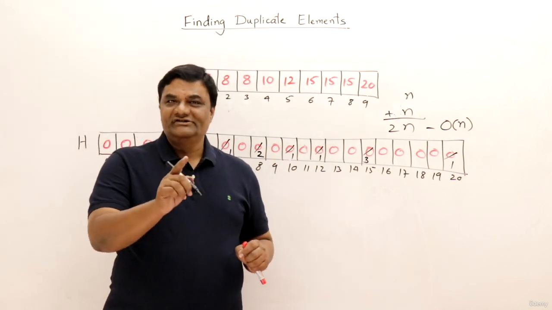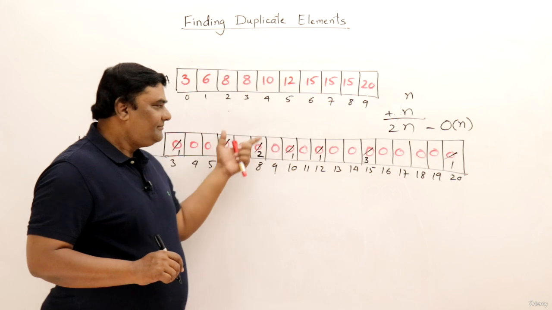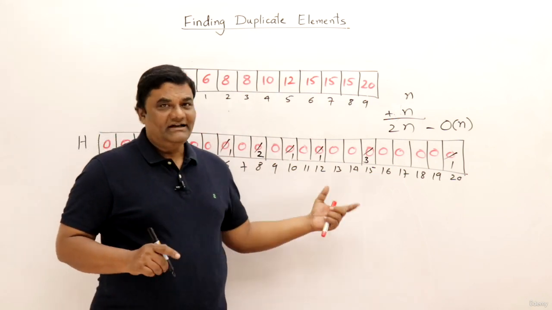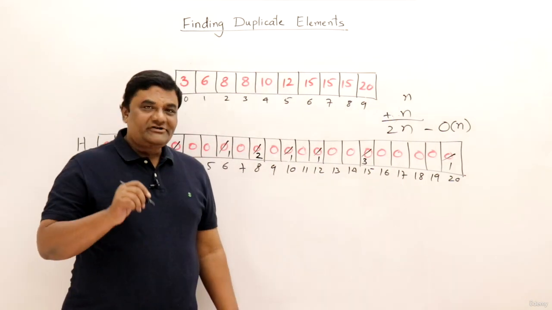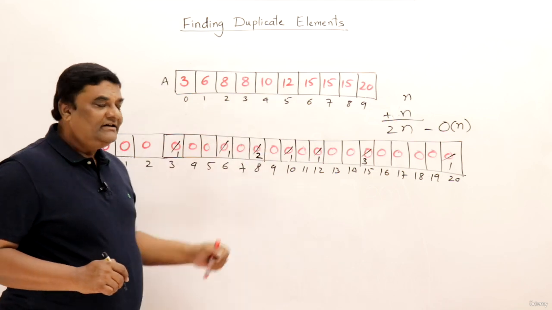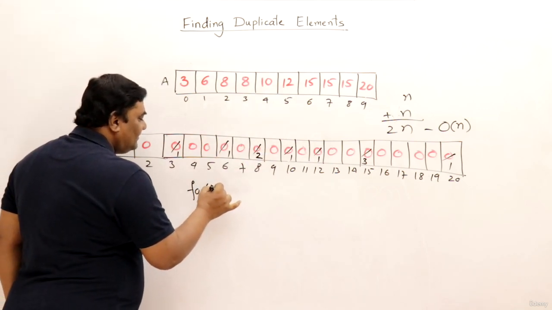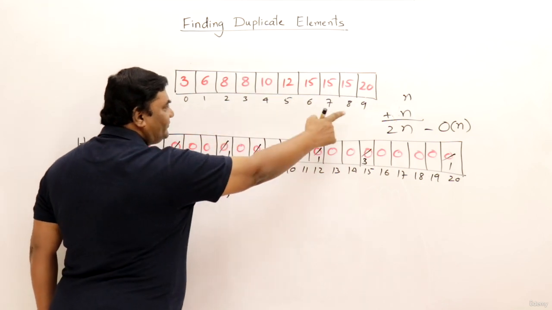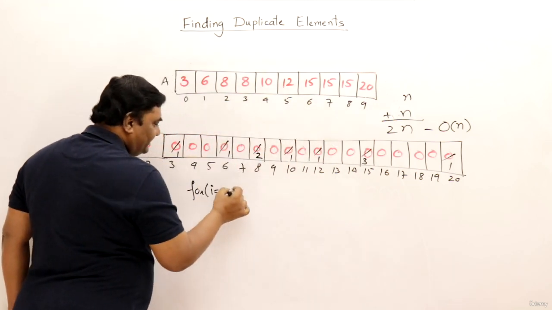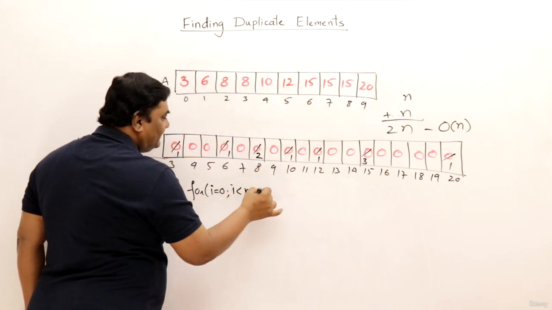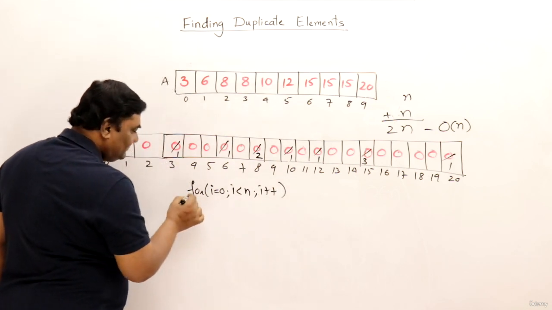Now I will write down the procedure and show you how we can mark these elements or count them and also display the result. So the procedure is I have to scan through this array. So for that I will take a for loop. For I assign 0, I should go till n, suppose number of elements are n, then I plus plus.